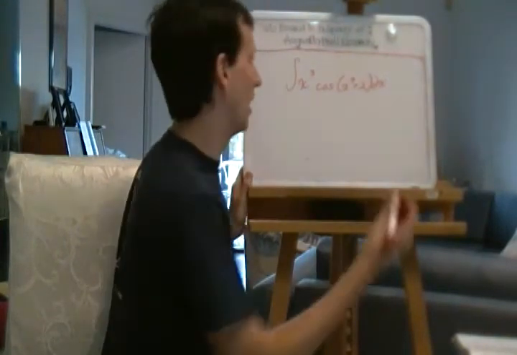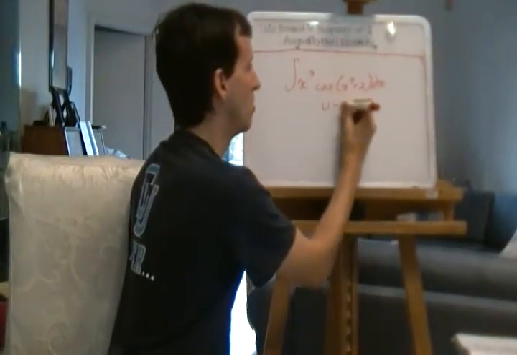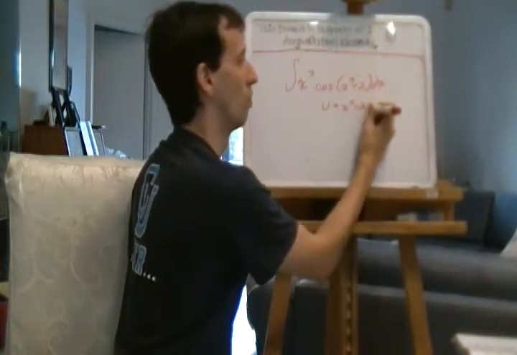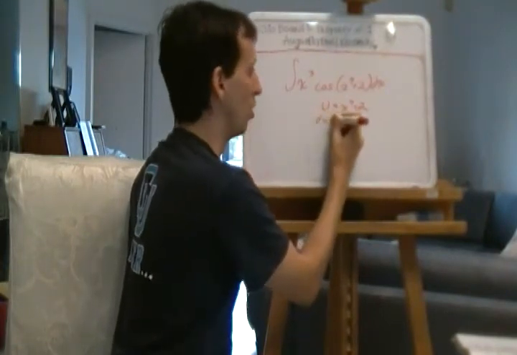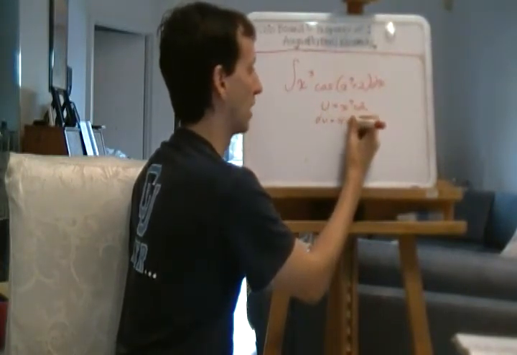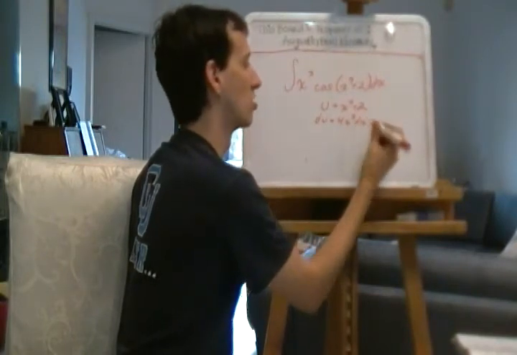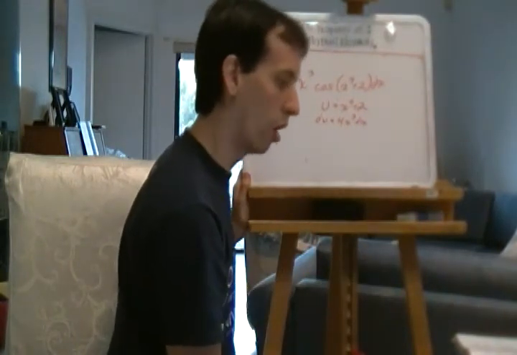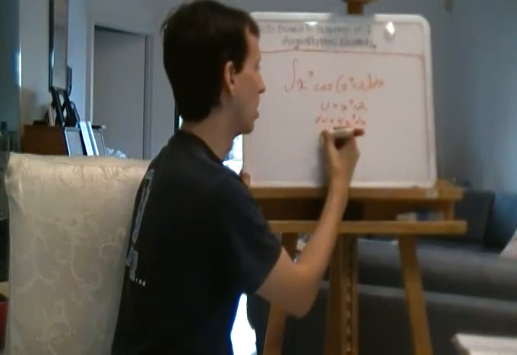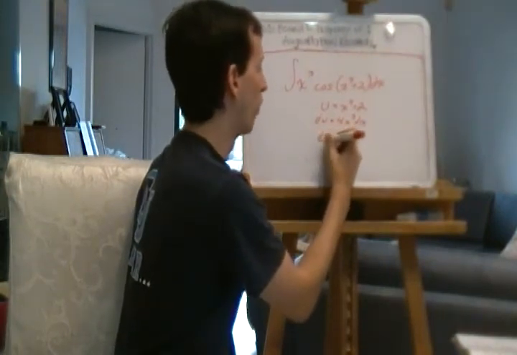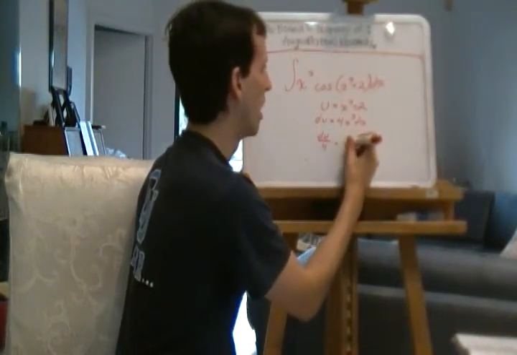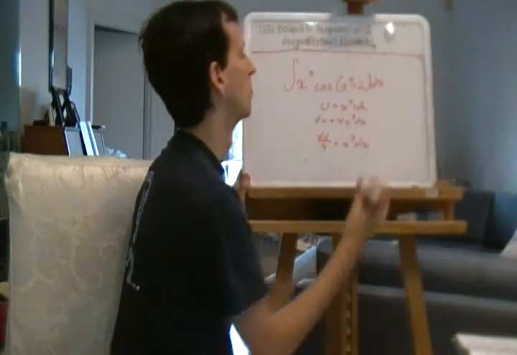You might be right if you choose u to be x to the 4th plus 2. That would make du 4x cubed dx, or du over 4 equals x cubed dx.